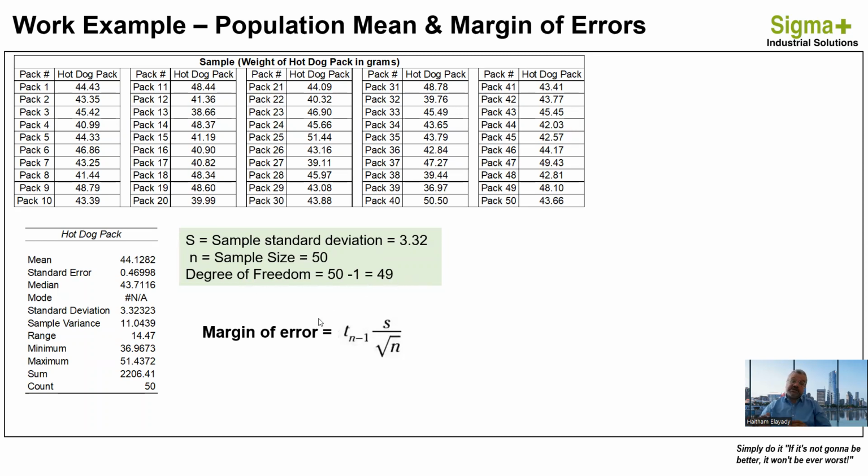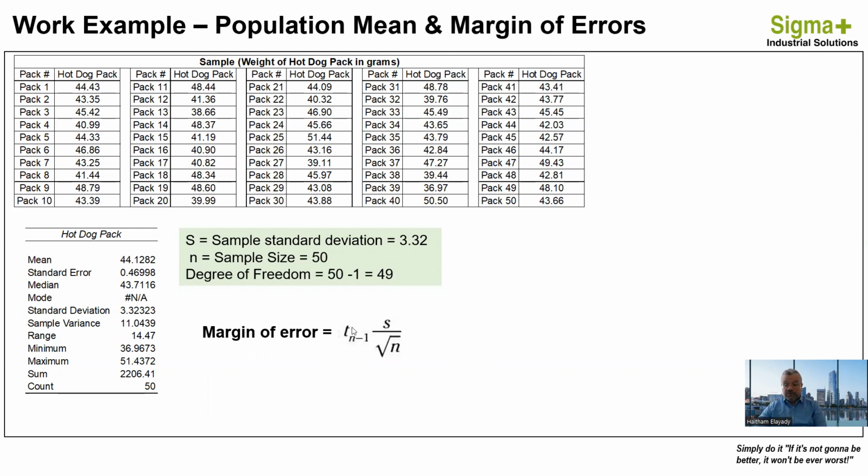And here, since the standard deviation of the population is unknown, we should use the t-score tables. Compared with the last video, where the standard deviation of the population was known, we used the z-score table. And here the margin of error formula will be different from the z-score.